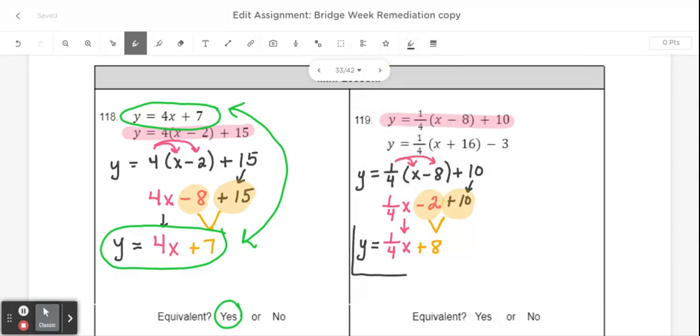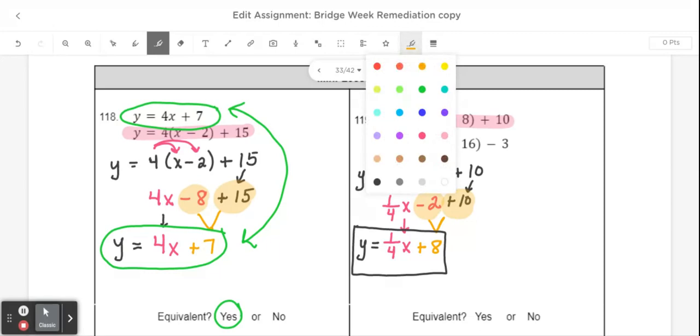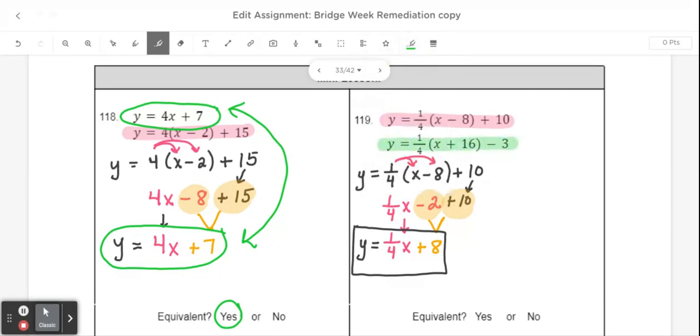Now, this is my simplified version of the first equation, but in this problem, I also wanted to simplify the second equation because this second equation is also very complicated. We need to distribute and combine like terms to make it look simpler.